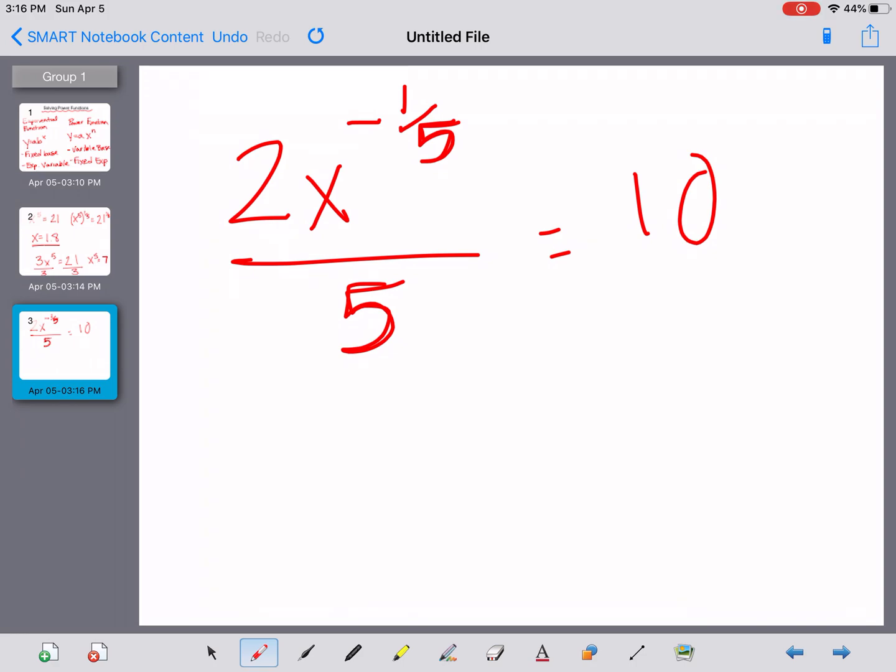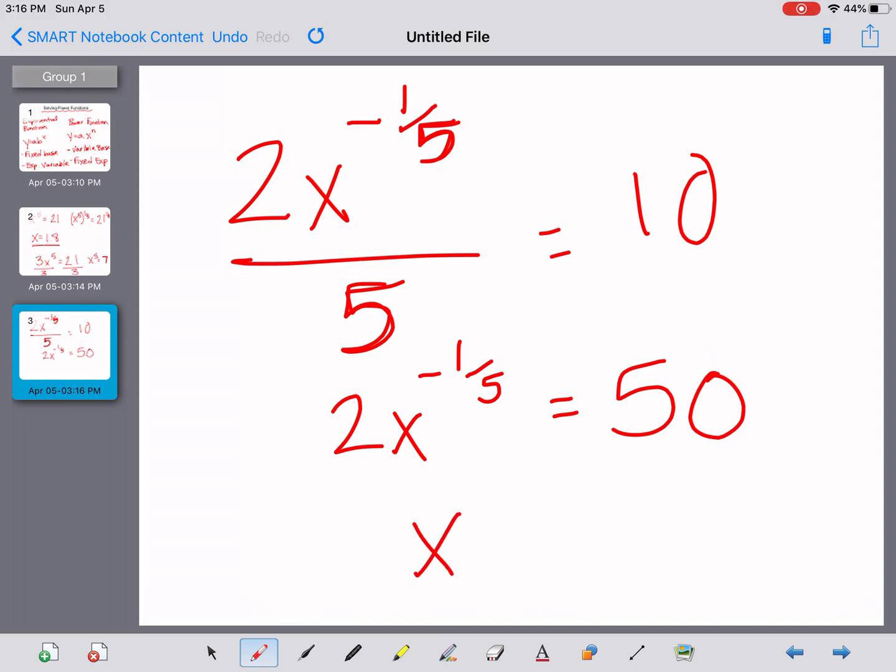Same process: I go through my balancing to get the power function isolated. I'd multiply by 5, and 50 divided by 2. So now I'm sitting with x to the negative 1/5 equals 25.